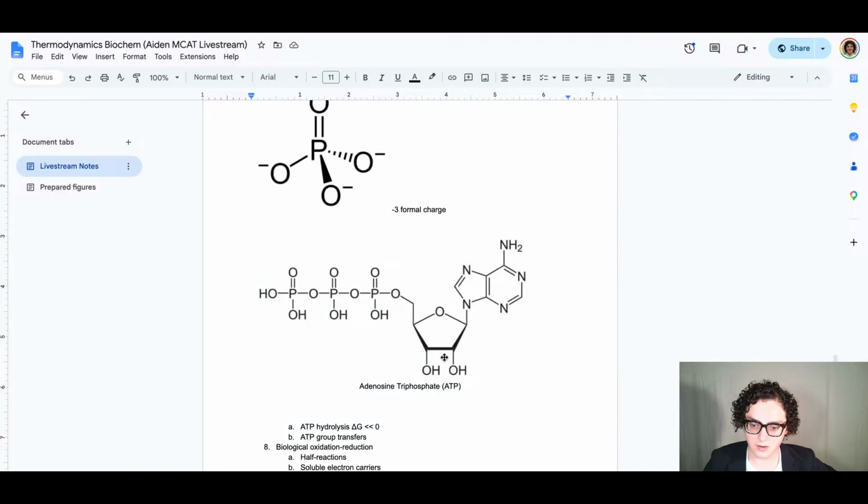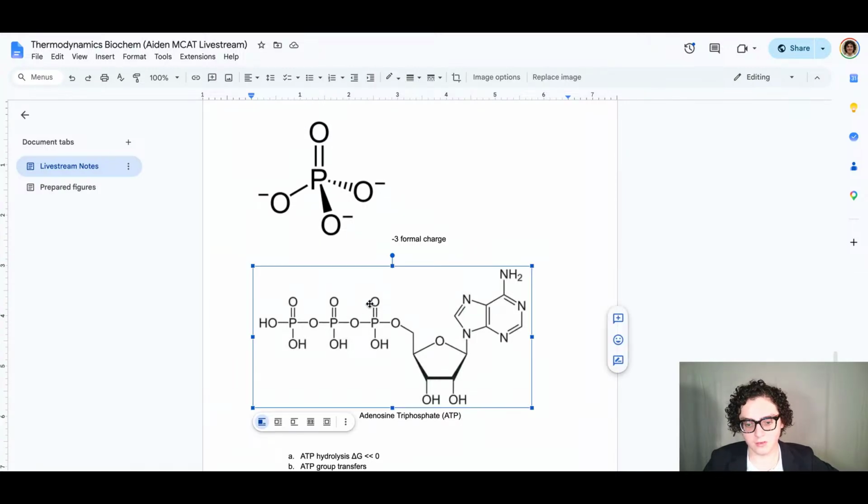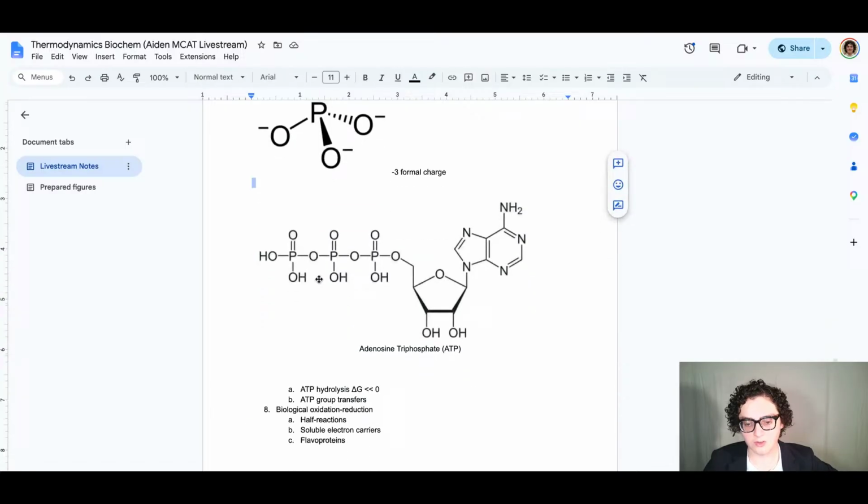Here is ribose. Here is adenine. Together these are called adenosine. And then this is a group of phosphate groups, strung together: 1, 2, 3, triphosphate. Adenosine here, triphosphate here. That's the energy currency of the body.